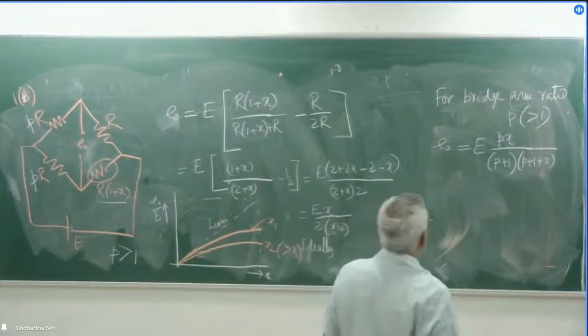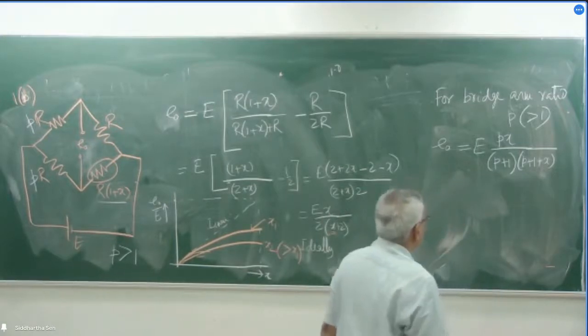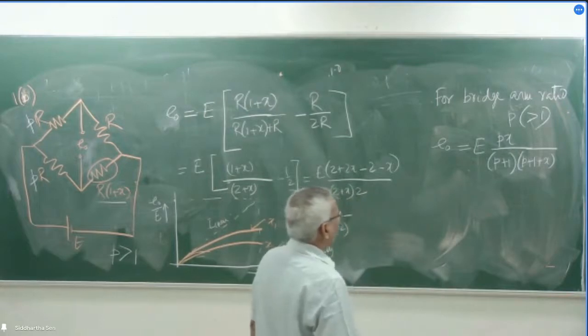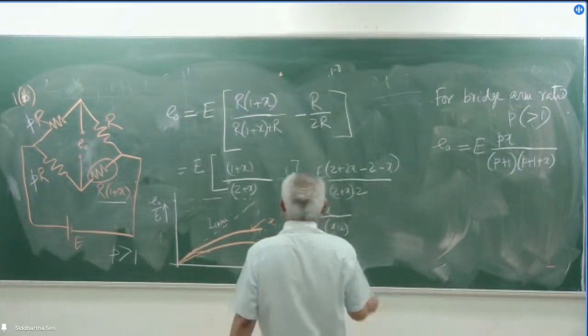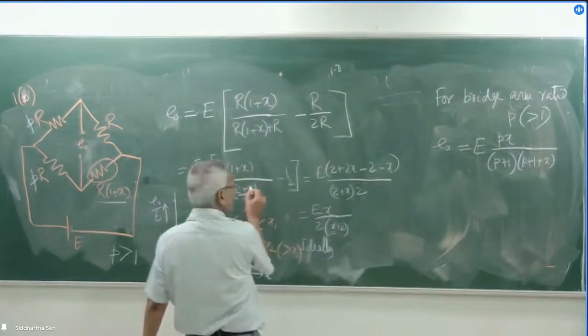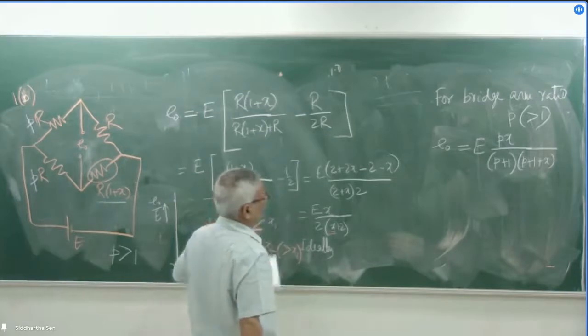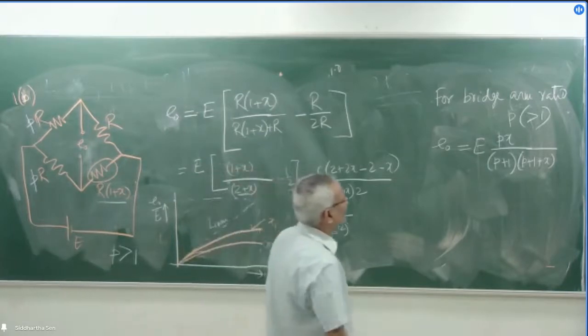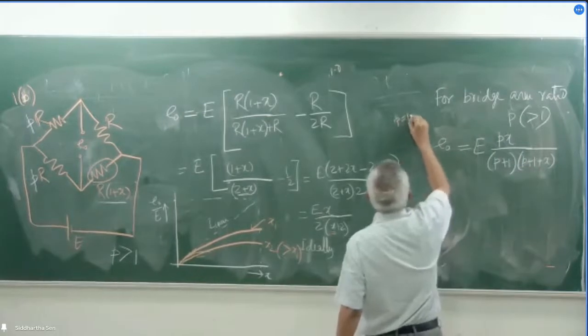So what are our findings, our observations there? Mind it, it was 2 plus x earlier. What we wanted was that x must be very small compared to 2. But in this case, P may be, say, P is equal to 10.